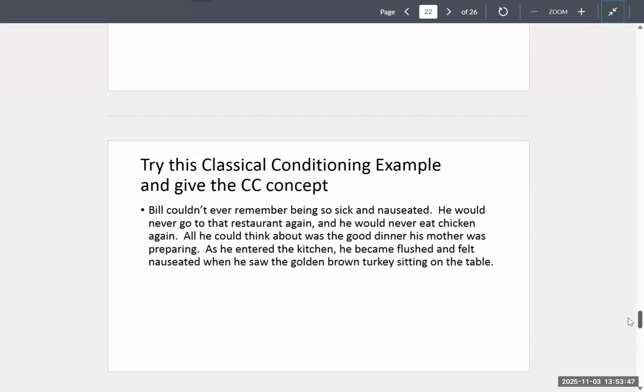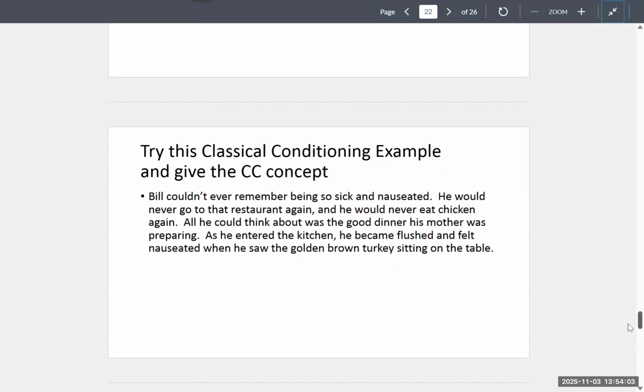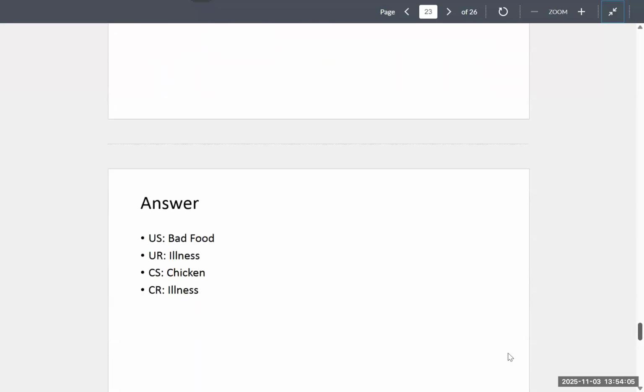As he entered the kitchen, he became flushed and felt nauseated when he saw the golden brown turkey sitting on the table. So, what he's done, first of all, going back to those concepts, is he's generalized the chicken to the turkey. As all poultry is bad now. But we have to remember that he's not really concerned about the chicken, like lots of people eat chicken.